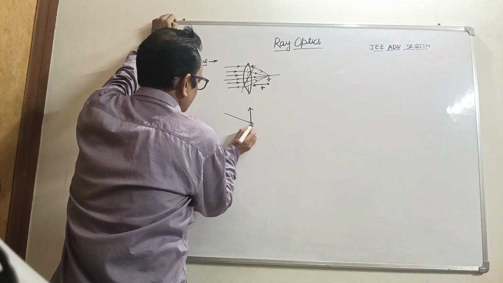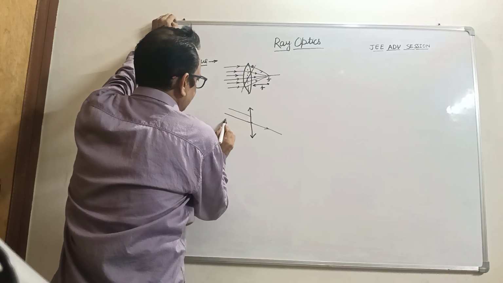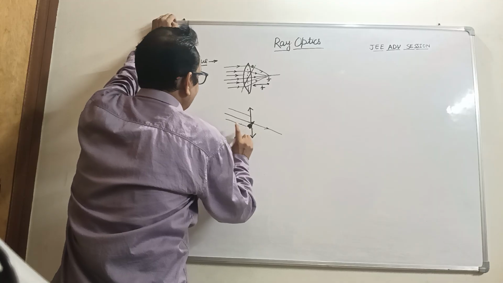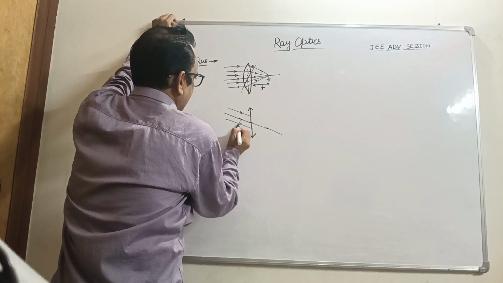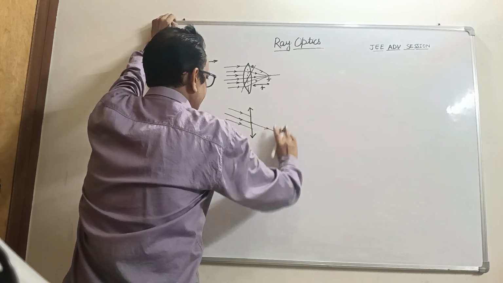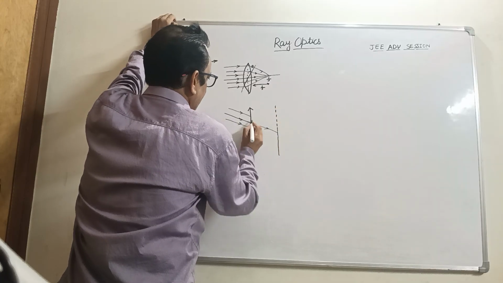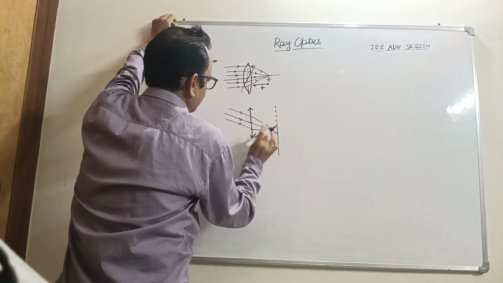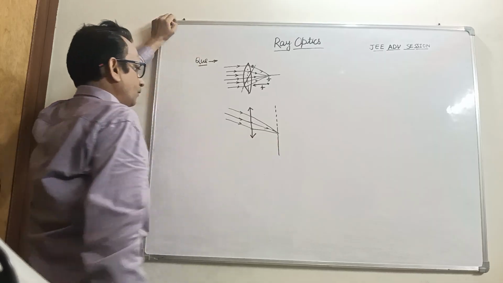One line should pass through the optical center, and this is the line, the tilted angle from the vertical. So in this focal plane, this is the focal plane. Light converges here like this.